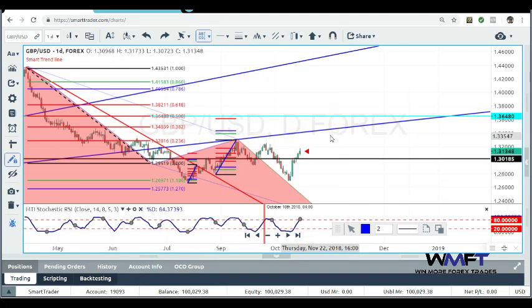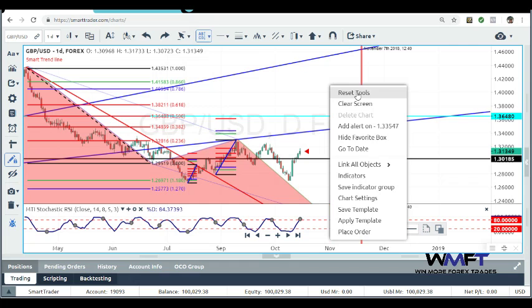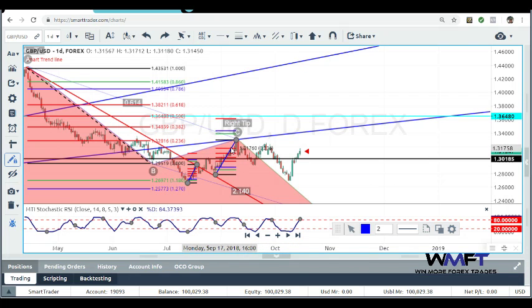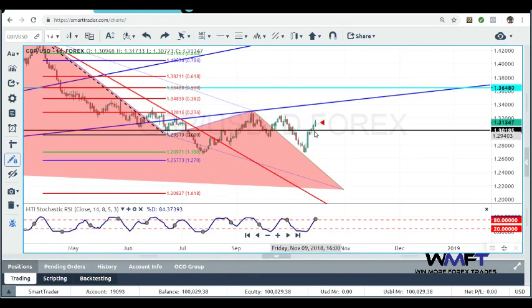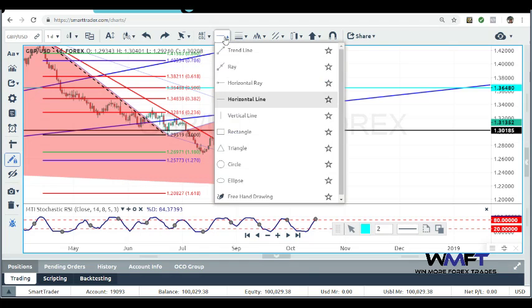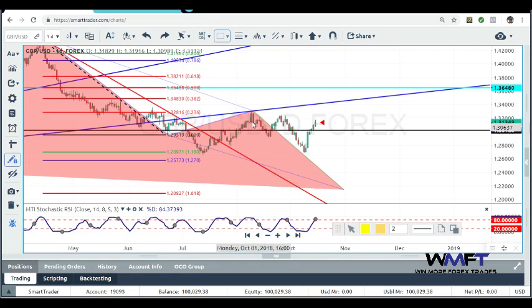So we'll get rid of those. That's not gonna work. Let's get out of that. So right now, the market looks like it wants to consolidate. Since the stories are not lining up, it's looking like the market wants to consolidate in this range right here.